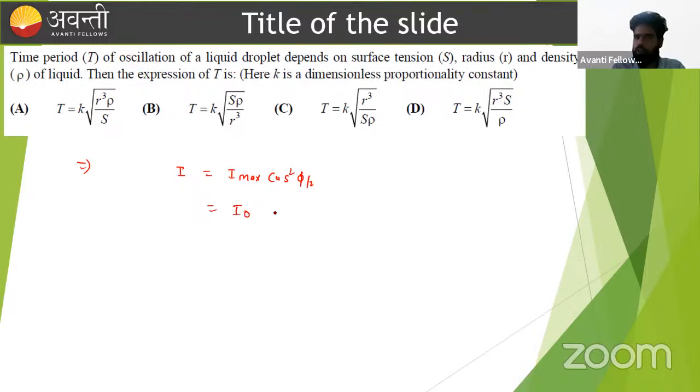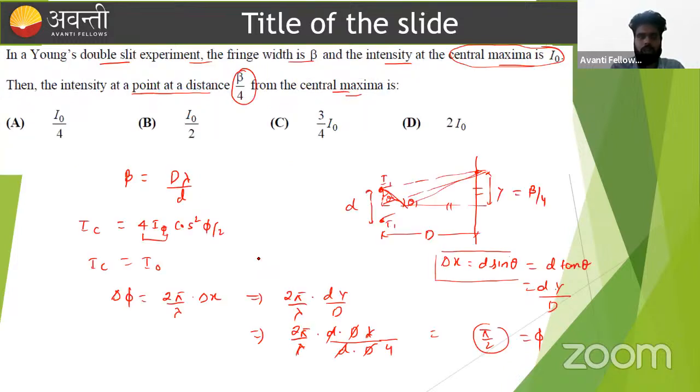Sir, that is I naught, given in the problem. Cos square phi, phi is pi by 2, this will become pi by 4. Pi by 4 means, beta, this will become 1 by root 2 square, that is 1 by 2. So what is our answer, beta? I naught by 2. I hope this is clear. Okay, such a tricky question. I think this is the game changer for this question.